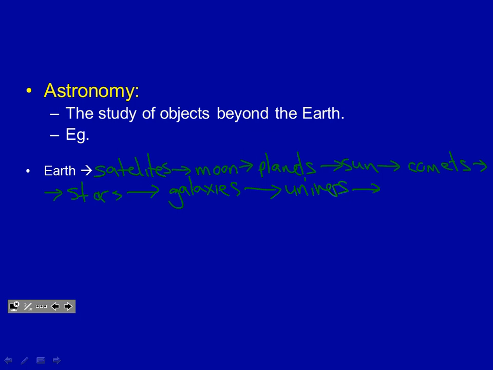Is there anything beyond the universe? Interesting question. Physicists and cosmologists study the skies. There's recently been some theories called string theory, which tries to explain the physics of the universe, and that expands into something called M theory, which is called membrane theory.